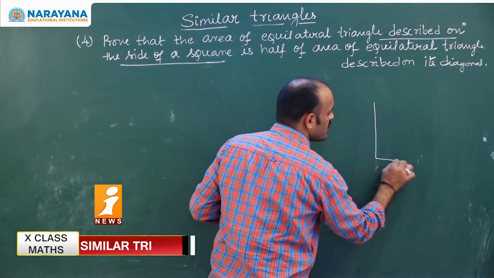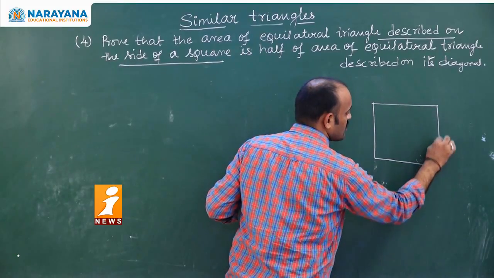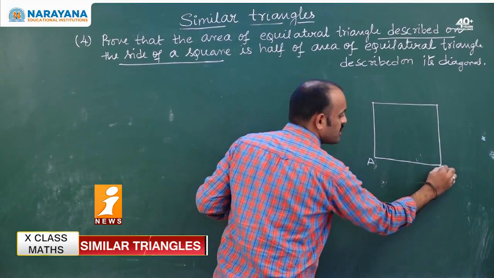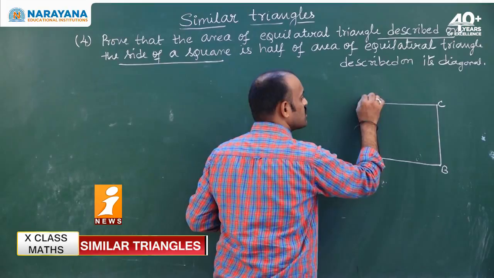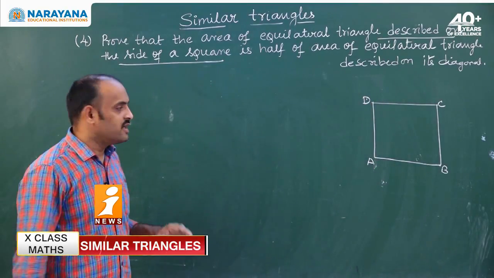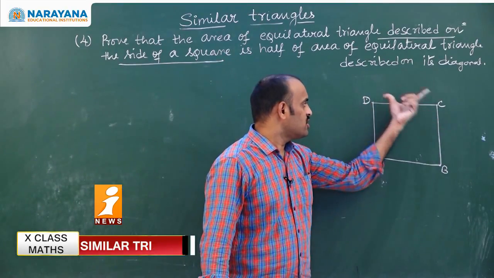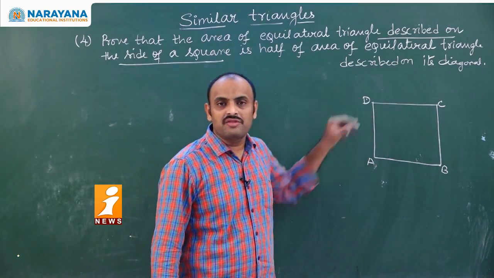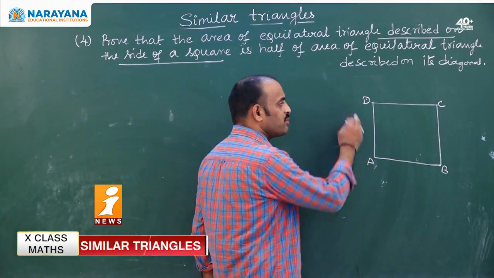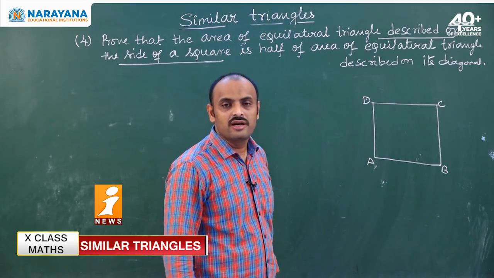Now coming to this question. So there is a square, let the square be ABCD. On one of the sides, either AB or BC or CD or DA, we draw an equilateral triangle.